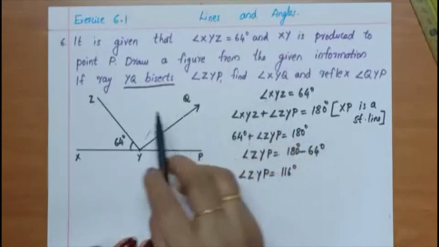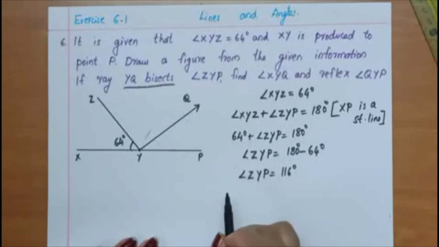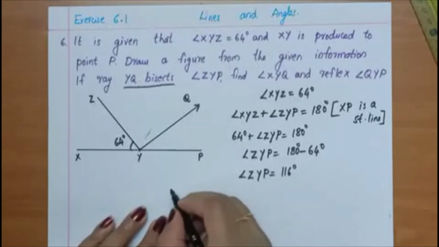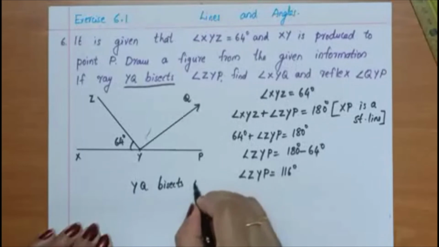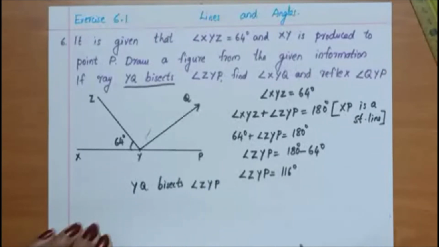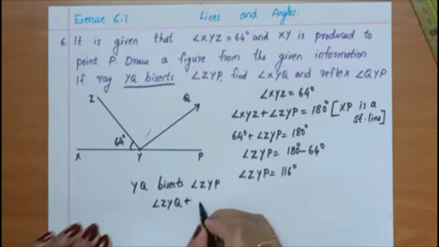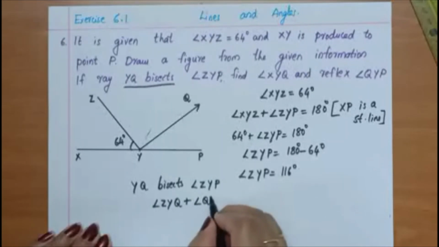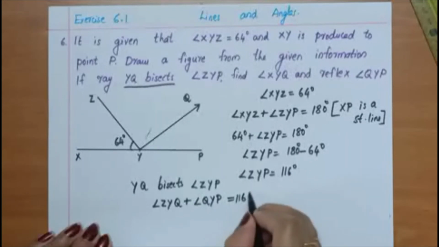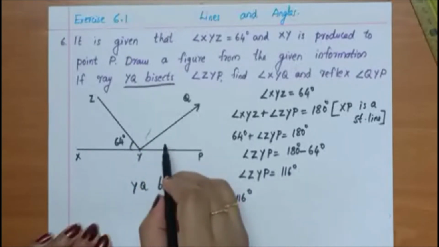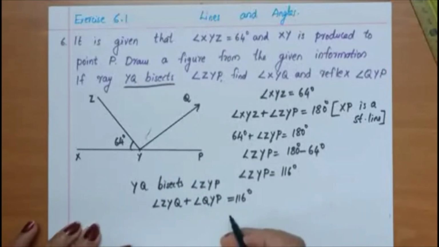Then YQ bisects angle ZYP. They are telling us YQ bisects angle ZYP. Bisecting means equally dividing. So angle ZYQ plus angle QYP equals 116, because when these two angles are added we get 116 degree.